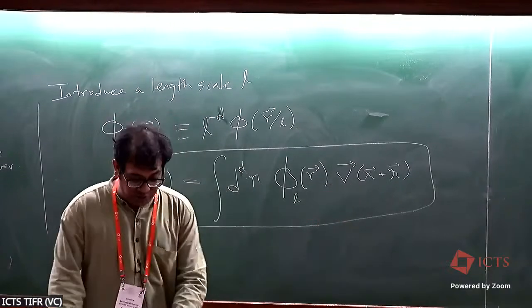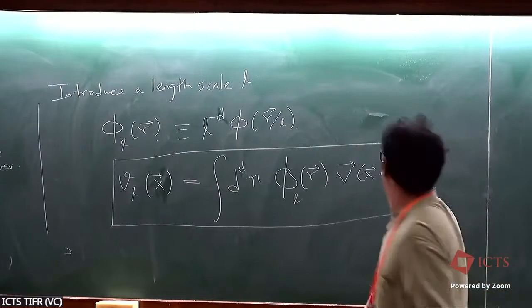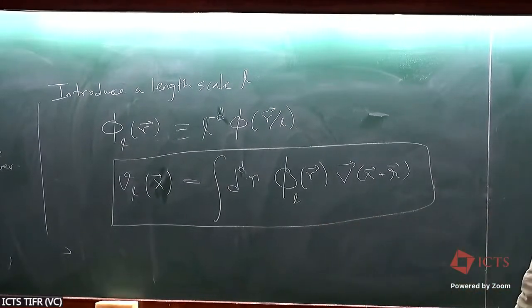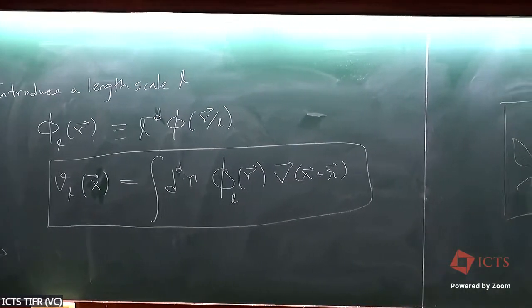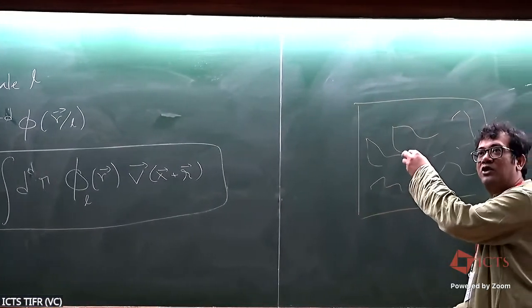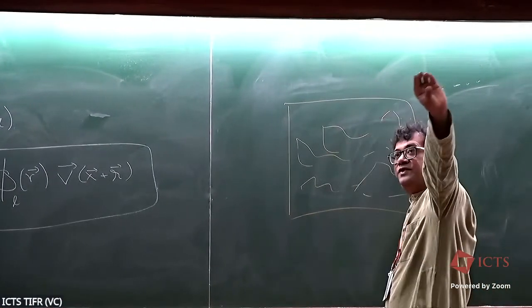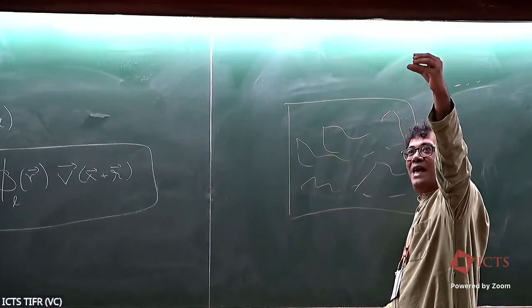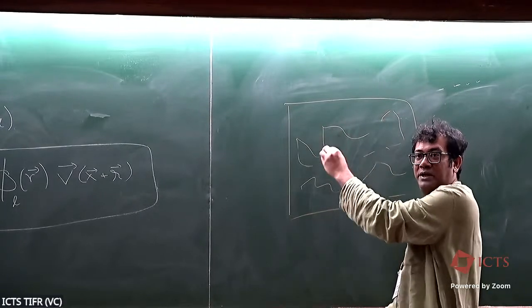So this is my flow everywhere. I've taken a Gaussian, let's say, I don't need to worry about Gaussian, but if it helps you to think about it, think about a Gaussian filter, which is represented by this hat, and I'm moving this all over my domain, right?